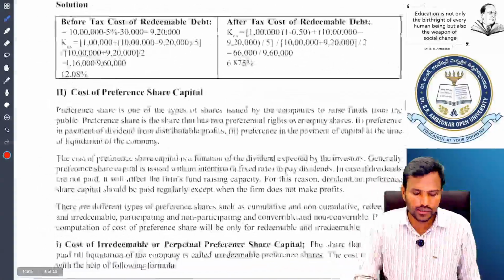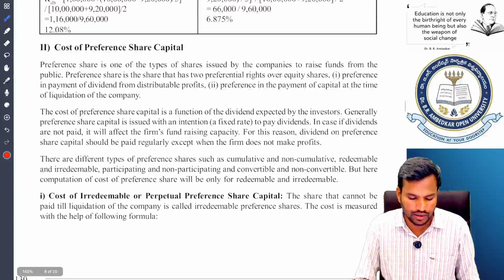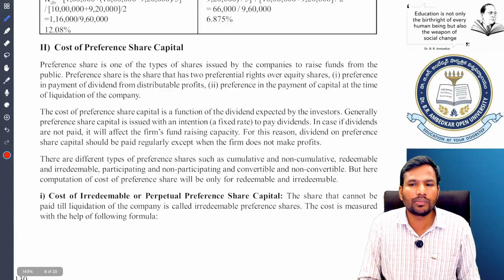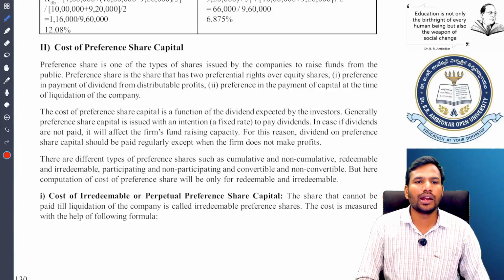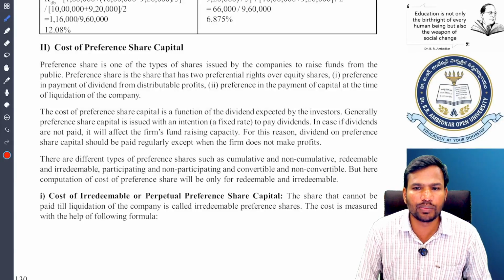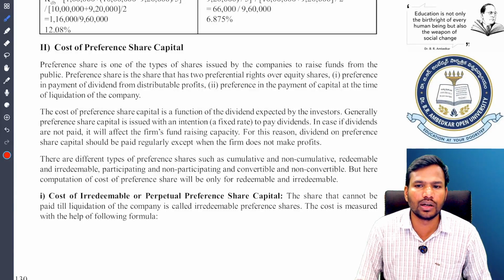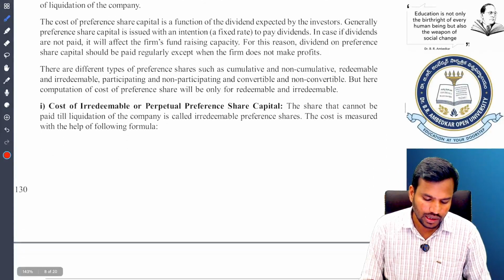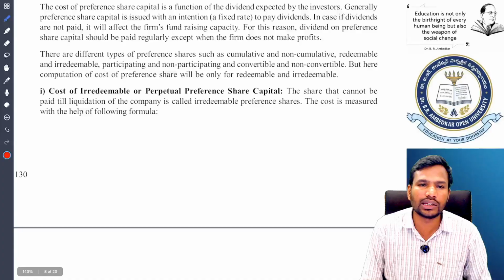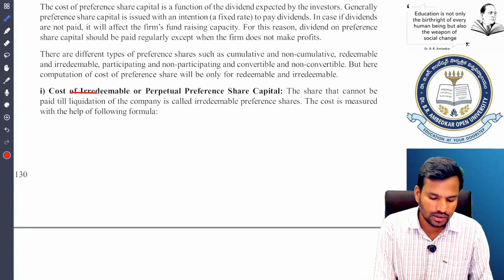And next concept, cost of preference share capital. Preference shares are also one of the shares, and the company needs to pay a fixed percentage of dividends to them. Under the preference share capital, again two types are there: cost of redeemable and cost of irredeemable.